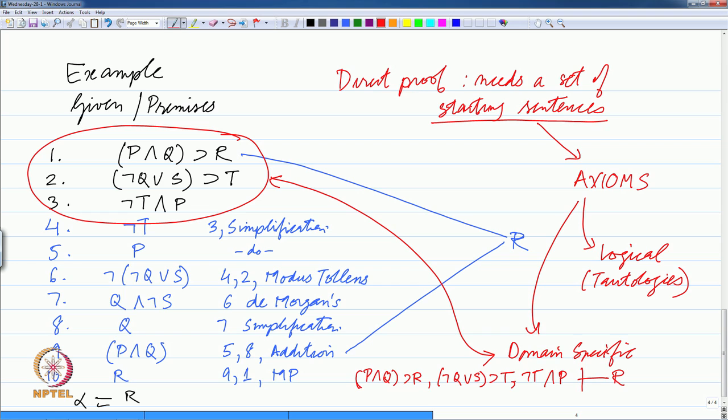Of course, this is not entailment, this is a derivation, but we are interested in those machines where the derivations will always correspond to entails. We have said that we are interested in machines which are both sound and complete essentially.